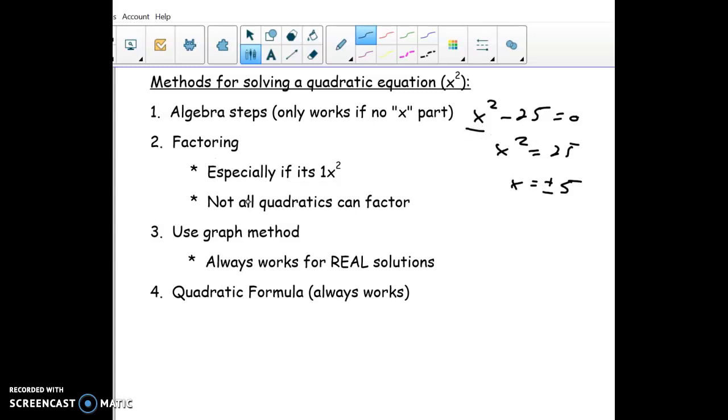Factoring is pretty good, but not everything will factor. Graph method is great, actually my favorite of the methods, but it does not work in situations where it does not cross the x-axis, because it has imaginary answers, at which point you'll have to fall back to what will always work, which is the quad formula. In theory, you could do the entire test with the quad formula, it would just take you a long time. These other methods will be much faster if they work.